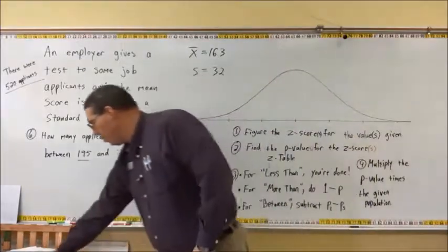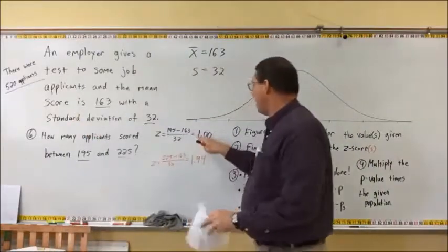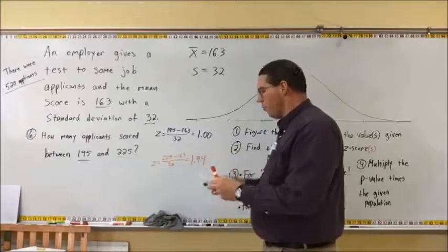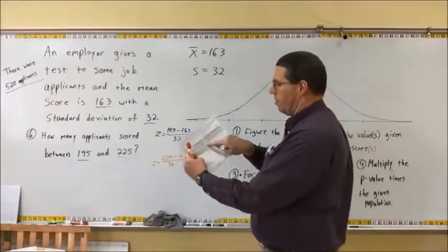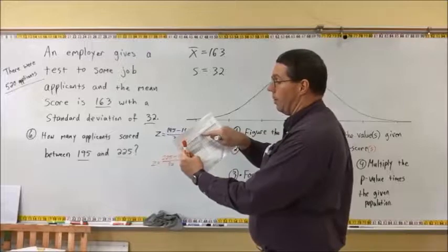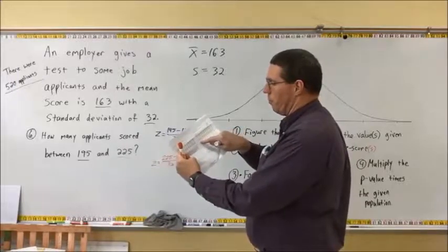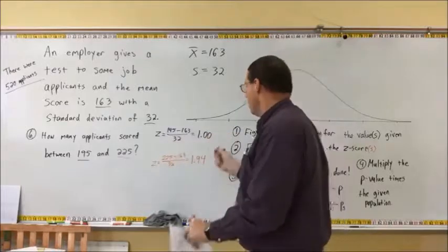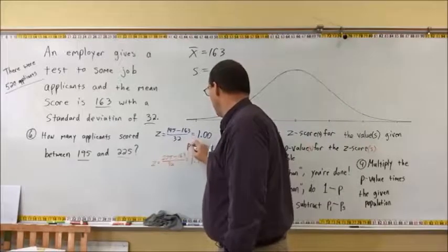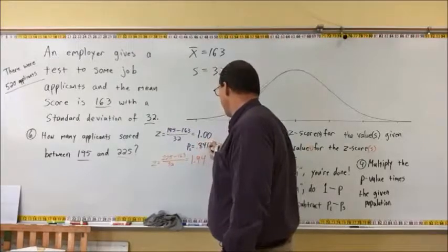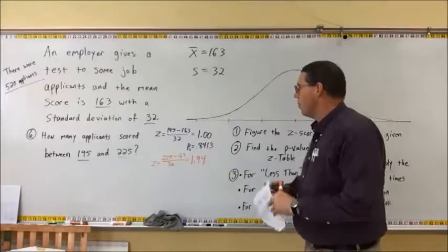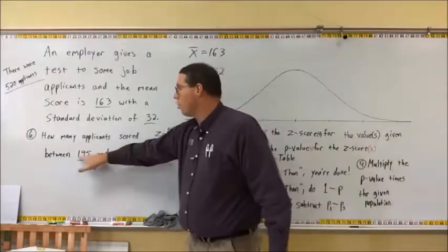We're going to grab our table and look up the p-value for a z-score of 1.00. The first column ends with a 0, so 1.00 is 0.8413. This is going to be the smaller p-value. I know that this p-value is the smaller one because it's the smaller number.